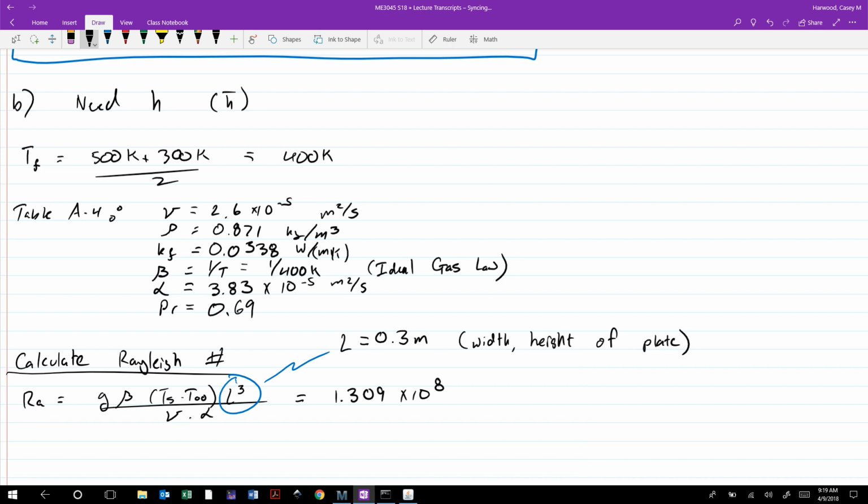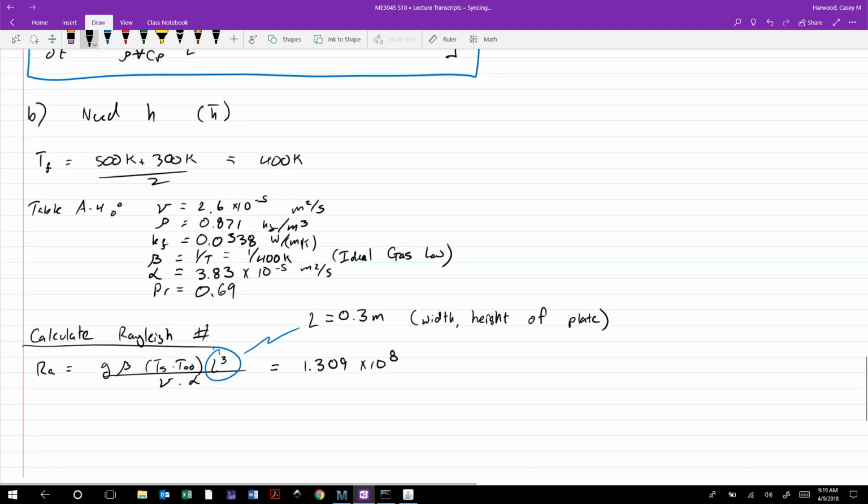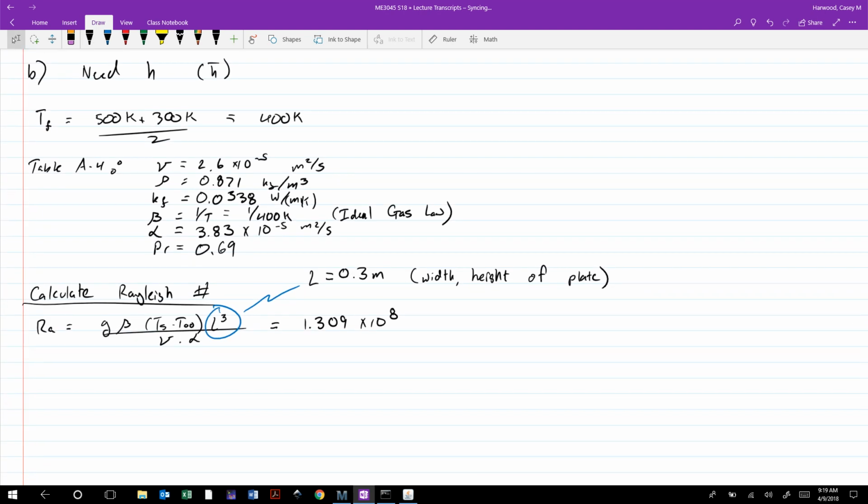Okay. So we're going to run out of time here. We only have two more steps left, but I'll close off by saying we've got a value of the Rayleigh number. We said that the differentiation between laminar and turbulent flow for buoyancy-driven flows is 10 to the 9th.